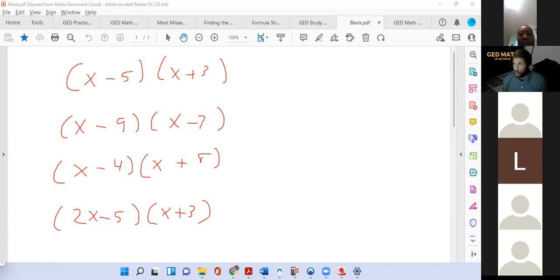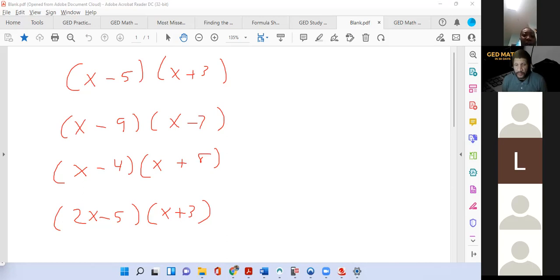I got x squared minus 2x minus 15. Okay. Chris, what did you get? x squared negative x negative 15. Okay. And Mr. Crosby, what did you get? x squared negative 2x negative 15.